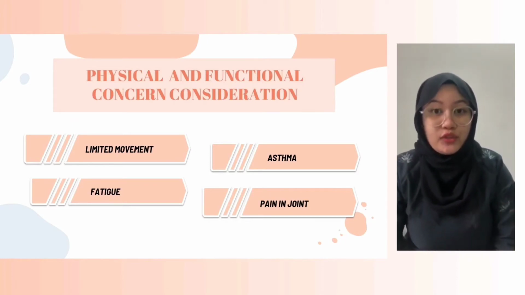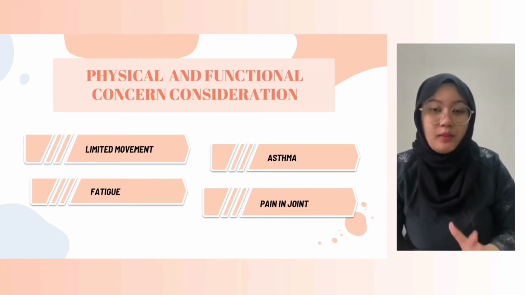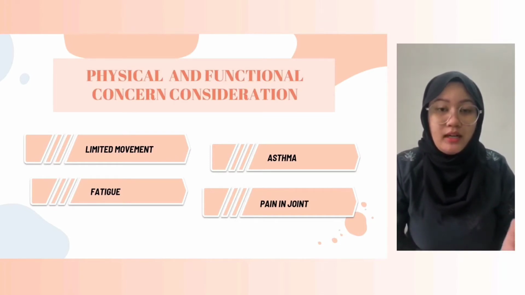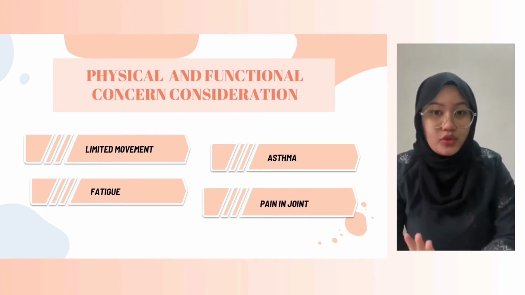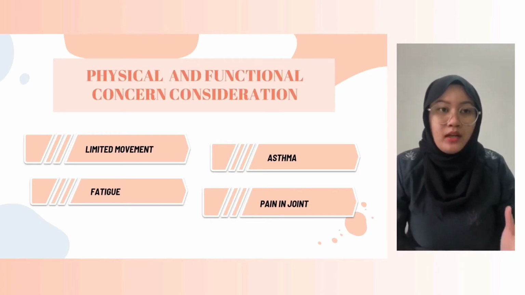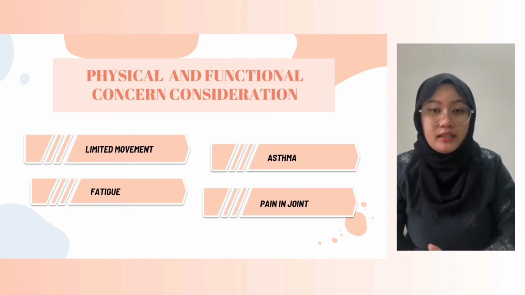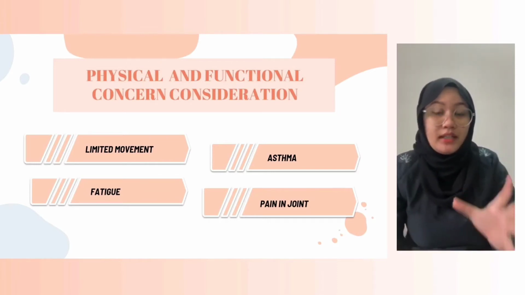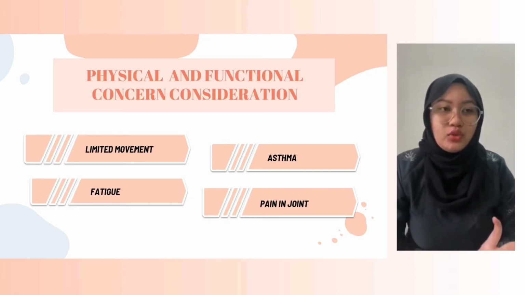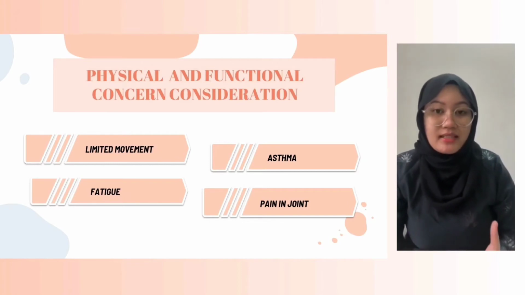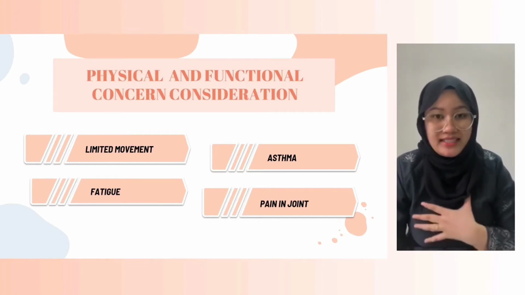Okay, move to the other perspective, which is asthma. The obese population is commonly exposed to asthma because their breathing range is different from normal people. They have difficulty breathing because of the excess weight around their chest and abdomen.